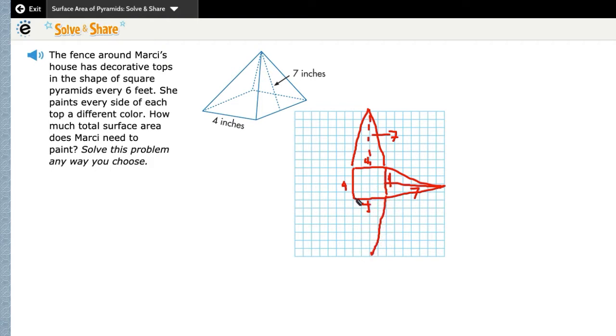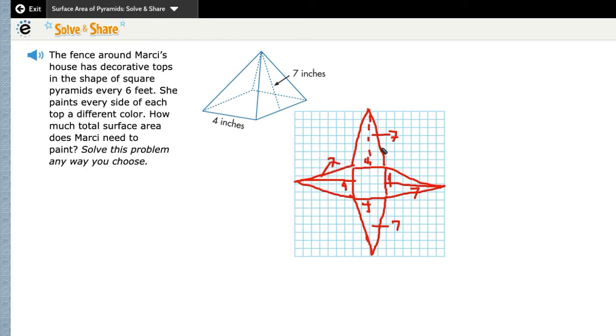Remember that in a square pyramid, the faces are equal. So this is also 7 inches.